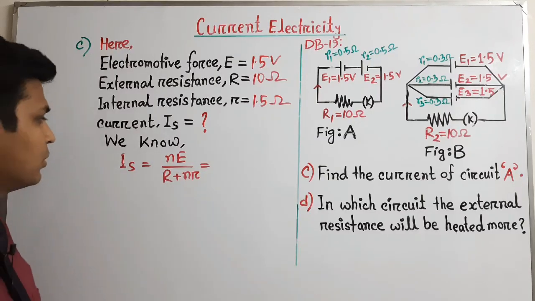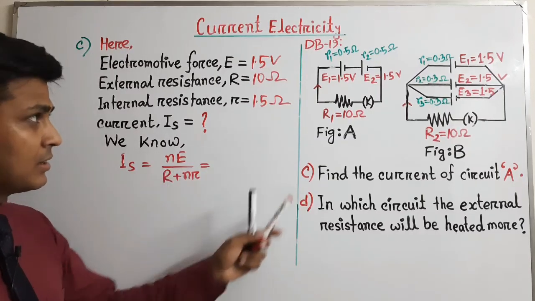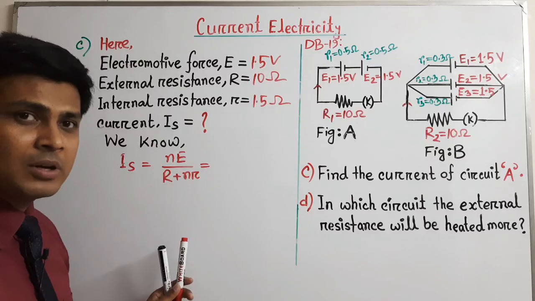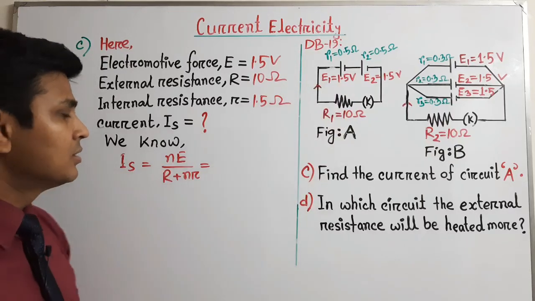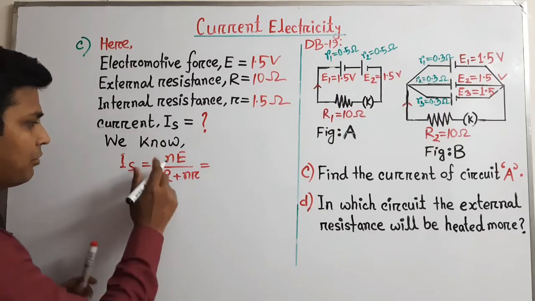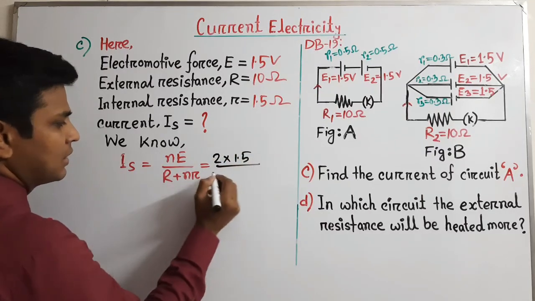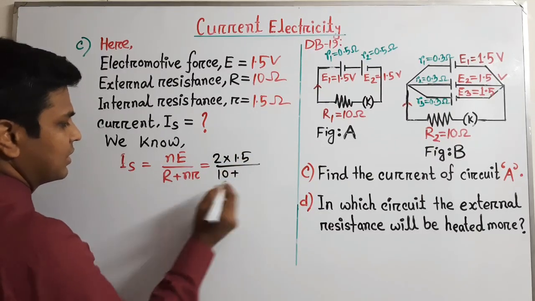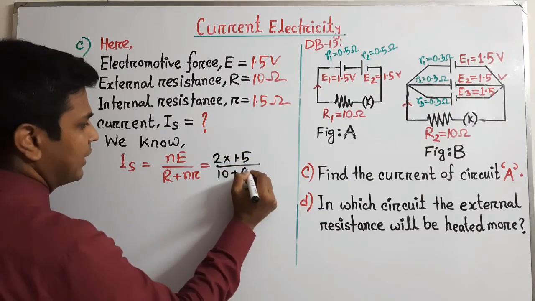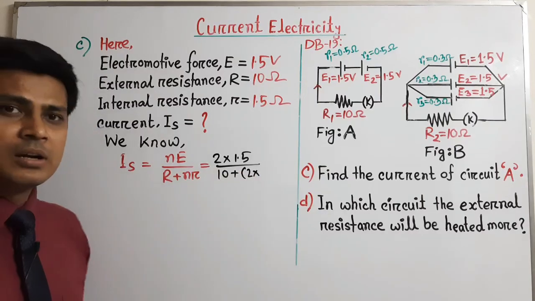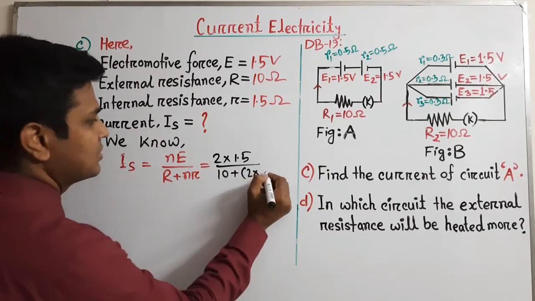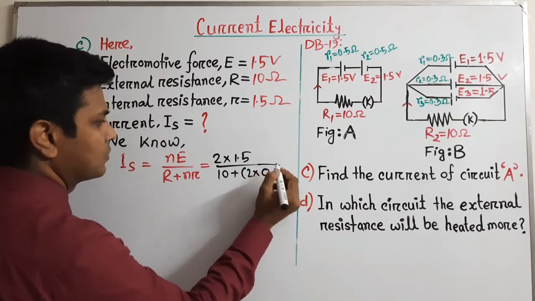And if you put the values here, n means the number of cells. Here you can see there are two cells. So the value of n will be 2, the electromotive force is 1.5, the external resistance is 10, the number of cells is again 2, and the internal resistance is 0.5.